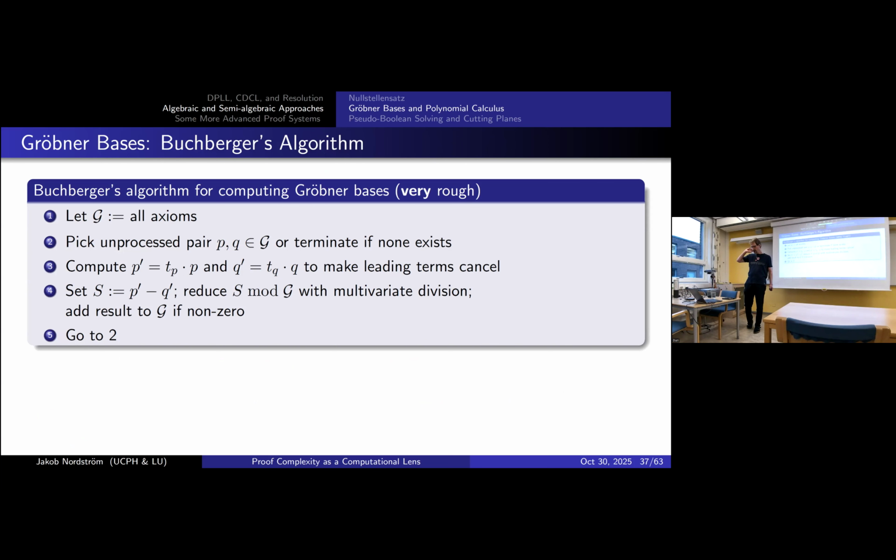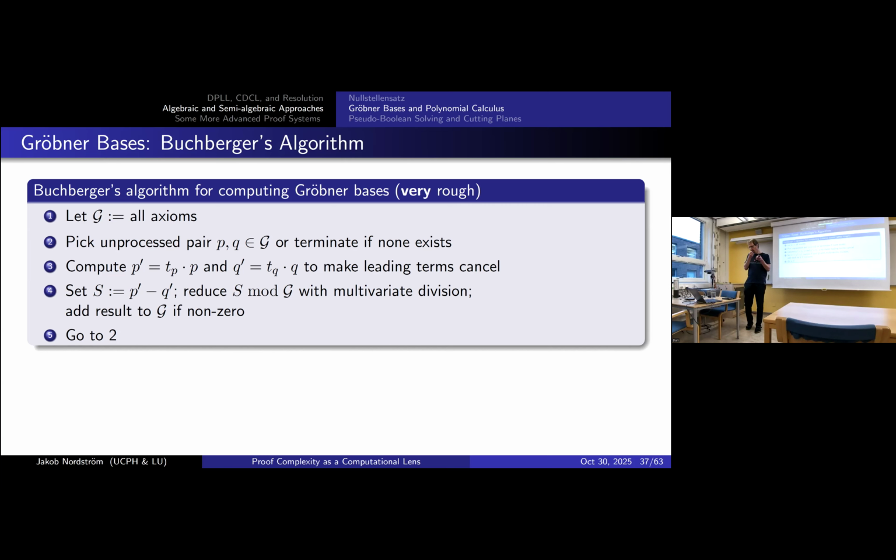Basically, you take G to be all the input axioms, all the input polynomials, and now you just generate all pairs of polynomials, and you put them in a queue. And you just dequeue each pair P, Q one by one. You take the leading terms and you compute the least common multiple of the leading terms.